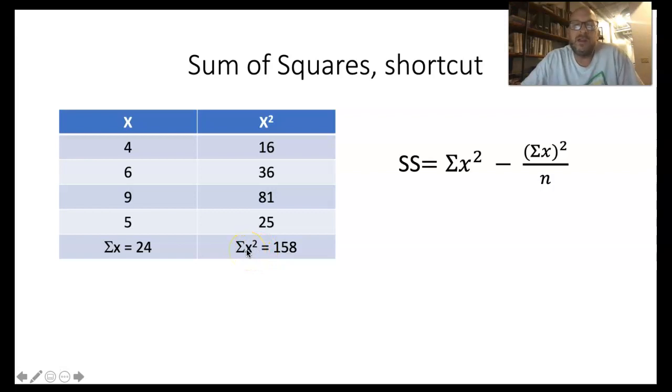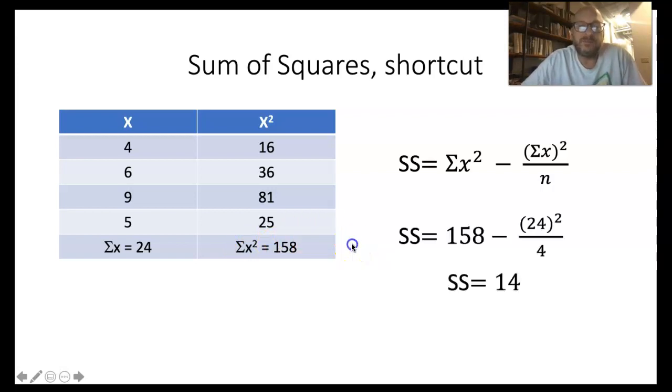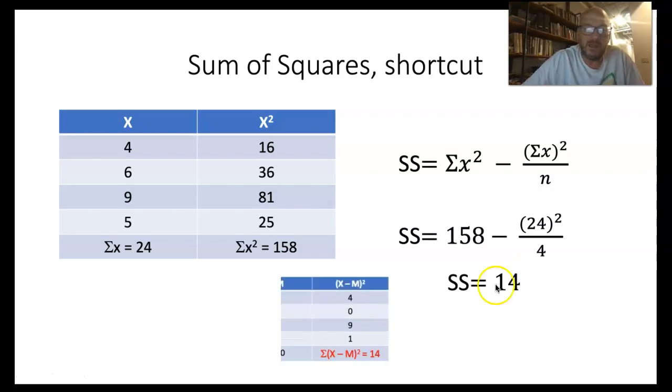So the sum of the squared x's is 158. Now, if you put that into the formula, 158 minus 24 squared over 4, you get 14. And of course, 14, as we saw earlier, using the slow method, is our sum of squares. So I can plug that into an equation to calculate the variance or the standard deviation.